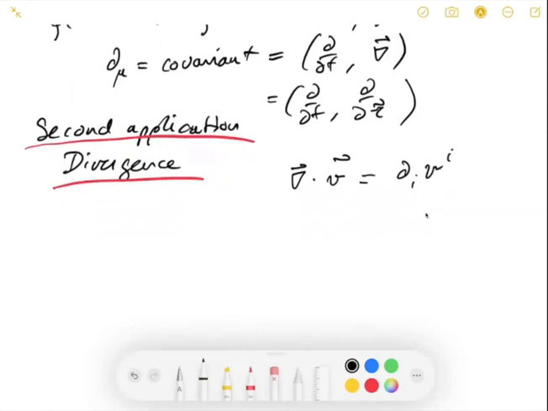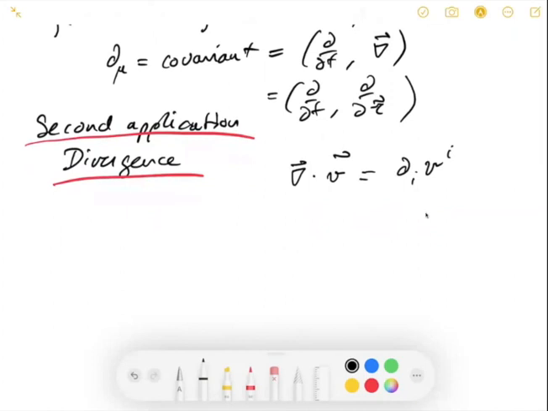Okay, so that's the divergence. So what does the divergence do in Minkowski spacetime?